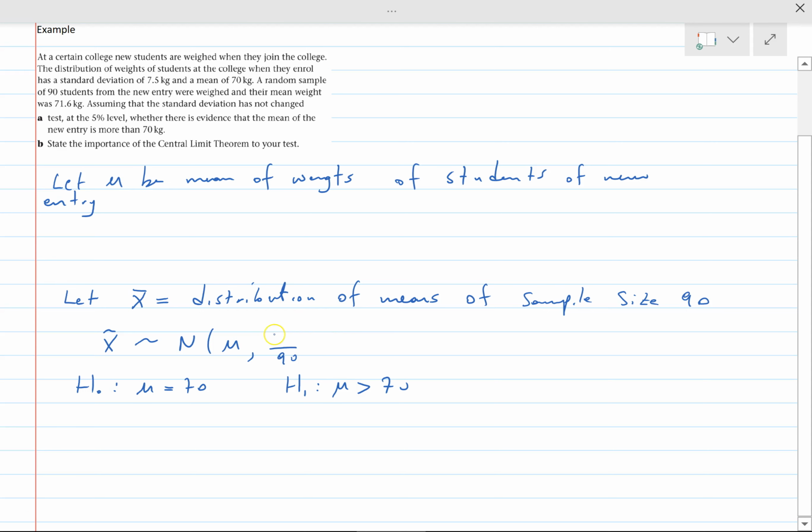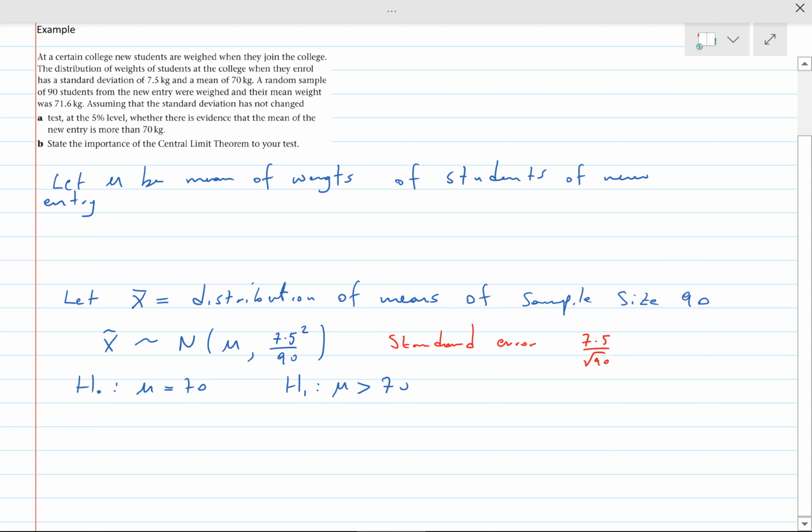That's not going to be changed. So the variance is 7.5 squared for the original distribution. So the variance of the sampling distribution will be 7.5 squared over 90, which means the standard error, basically the standard deviation of the sampling distribution, is 7.5 over the square root of 90.